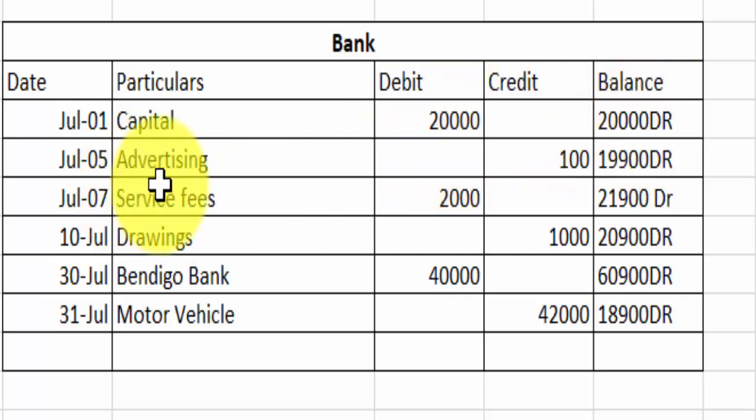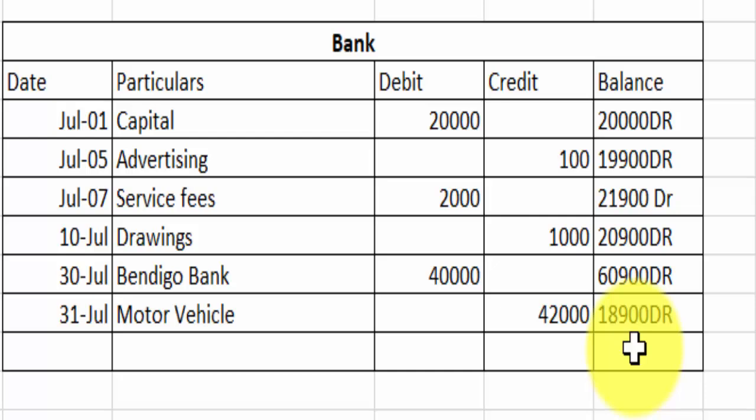You'll see on the 5th I used up some money, so I had a credit going to this account, but importantly my total remaining balance here was $19,900, and so on. You can see it goes up when you've got debits and it goes down when you've got credits, and it ended up with a debit balance of $18,900.